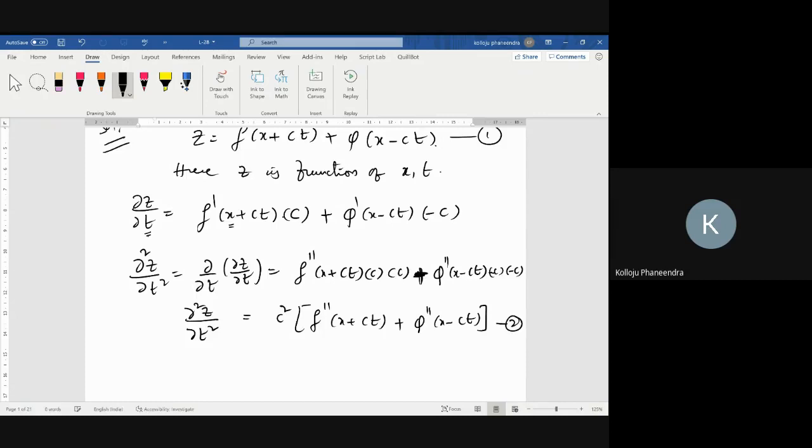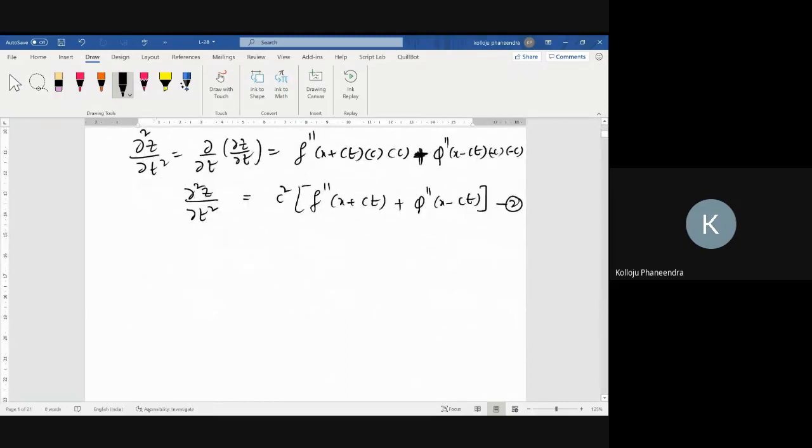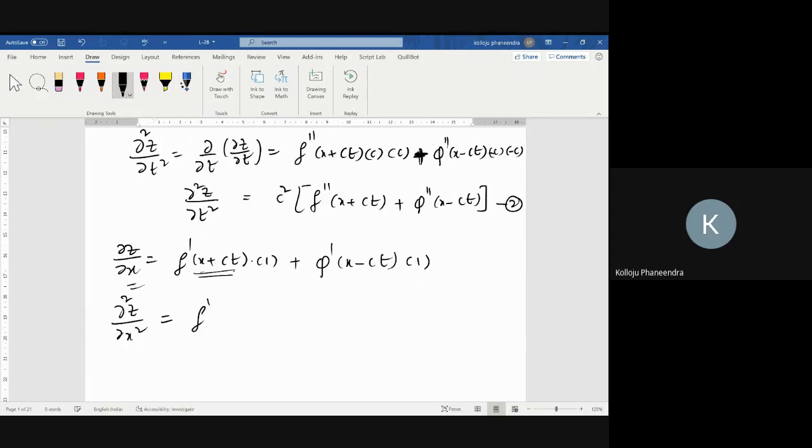Now dou z by dou x, then dou square z by dou x square. First one, dou z by dou x. First f derivative f dash of x plus ct, and x plus ct derivative with respect to x, that is 1, plus phi dash of x minus ct with respect to x, 1, and one more differentiation with respect to x. This is f double derivative x plus ct.